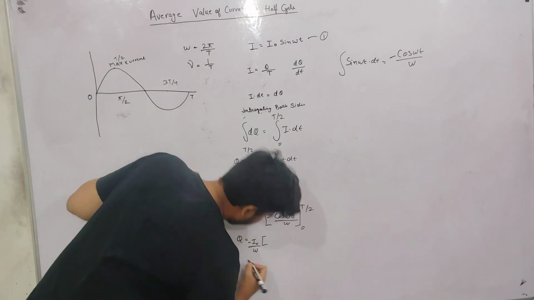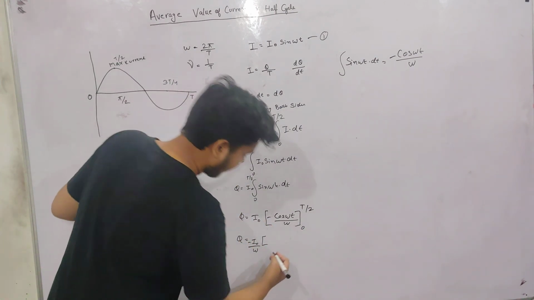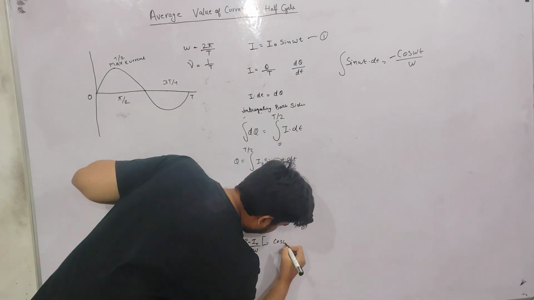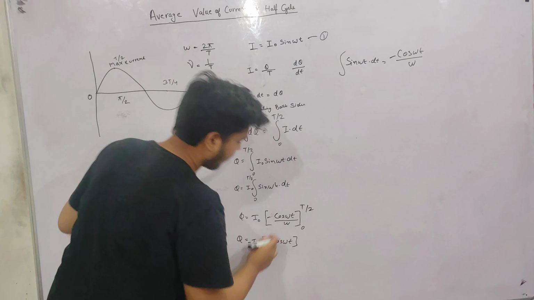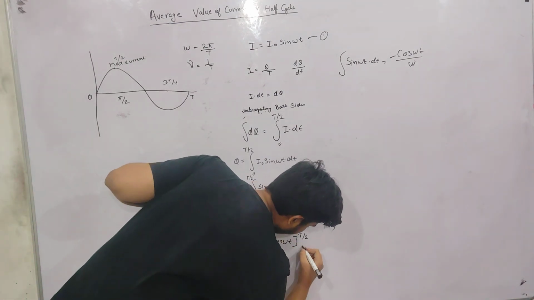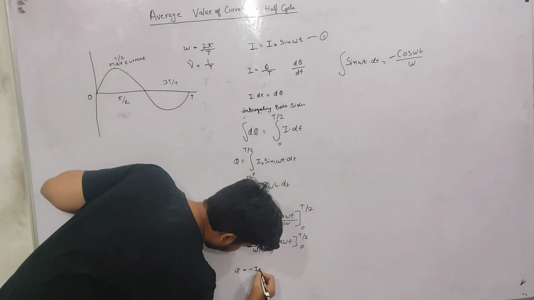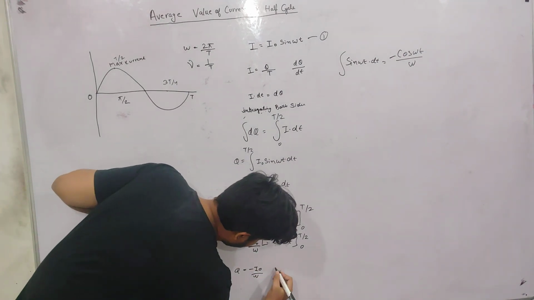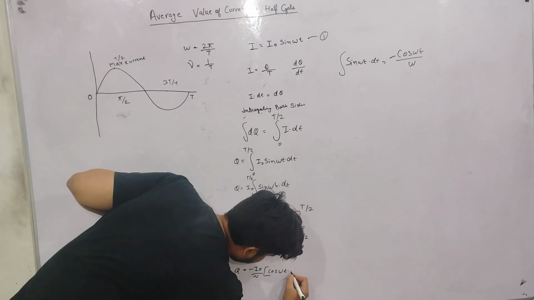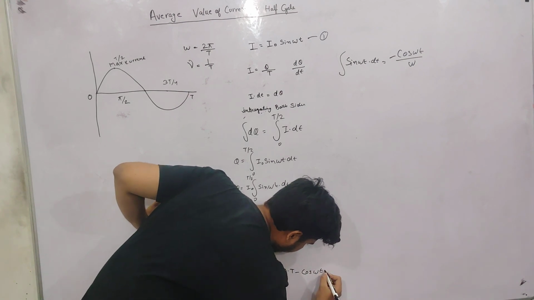I naught by omega is constant, so it comes outside with the minus. Putting the limits, q equals minus I naught by omega, upper limit cos omega t into T by 2 minus lower limit cos omega t into 0.